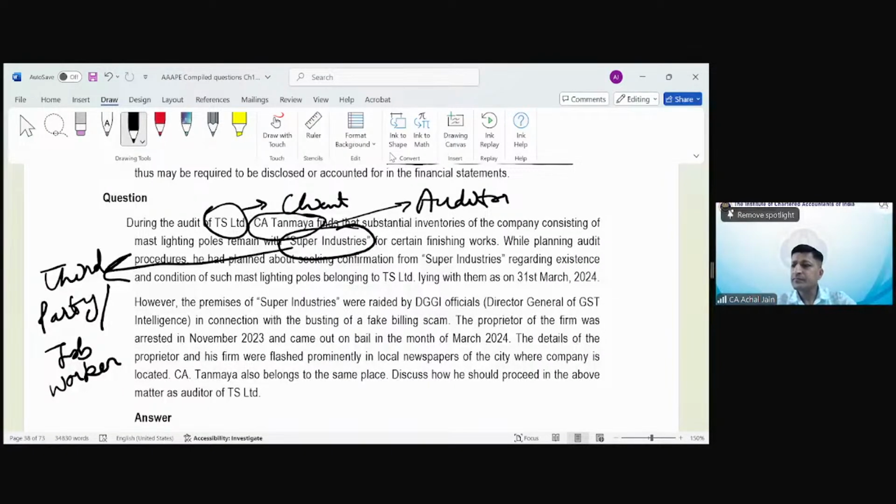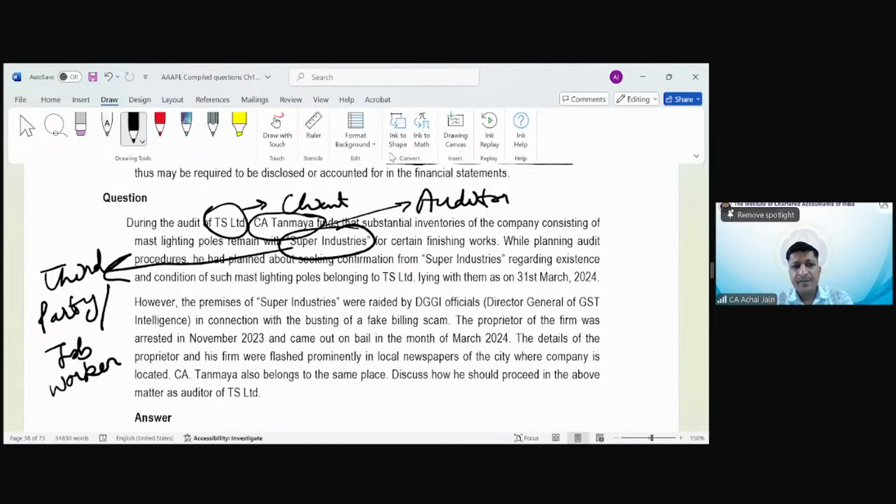However, we need to put in place the right approach, the substantive audit procedures, whether the internal control is there or not, what is the policy and process involved relating to the transaction between that TS company and Super Industries. Based on that only we should arrive at the conclusion.